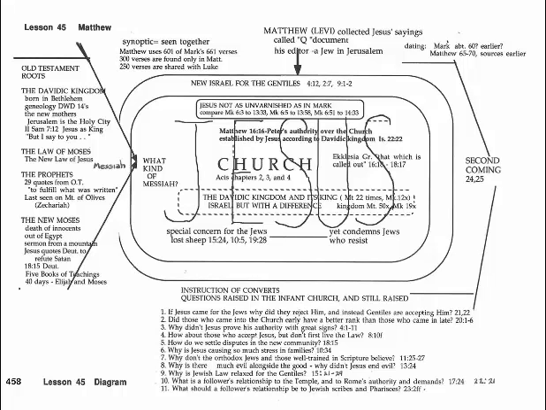Those words in 16:16 come from Isaiah 22:22, describing the role of the chief officer in David's kingdom, the one who had control of the keys, as being Peter in the new Davidic kingdom.